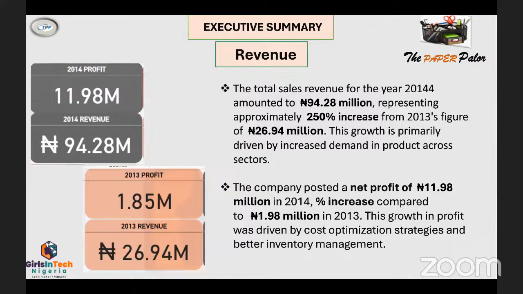This is our revenue. In 2014, we have a total revenue of 94.8 million, which is like a 250% increment from our 2013 revenue. This growth is, I think, driven by high demand in our products like biro, A4 paper, and pencil.